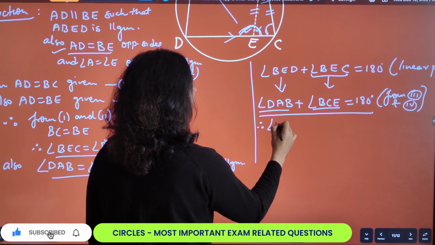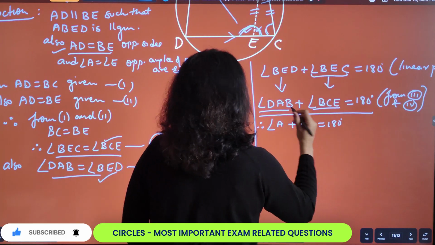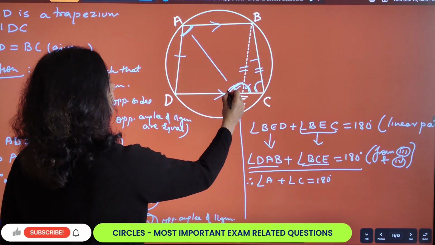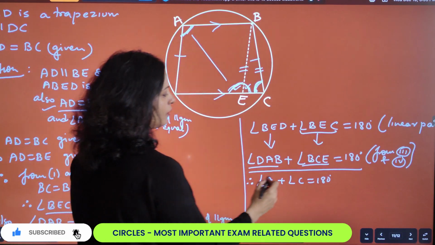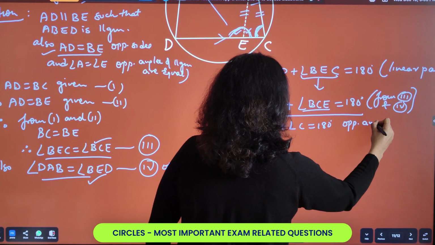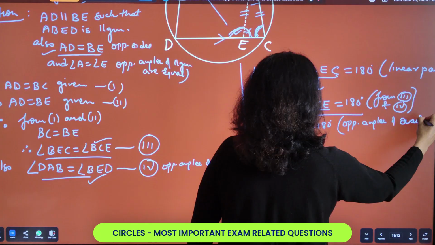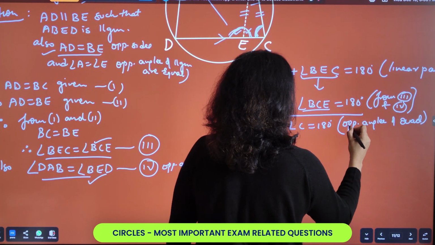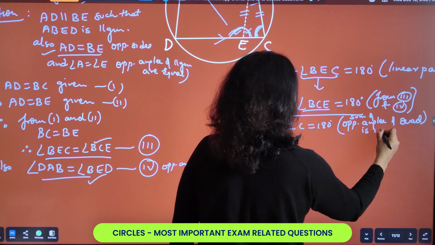That means angle A plus angle C is 180 degrees. So these are opposite angles of the quadrilateral. We are getting that the sum of opposite angles of the quadrilateral is 180 degrees.